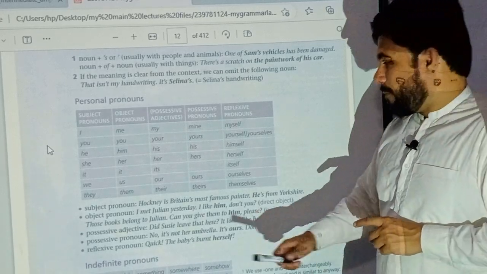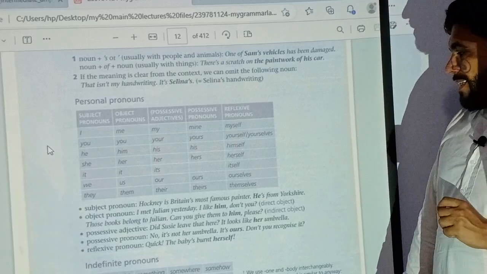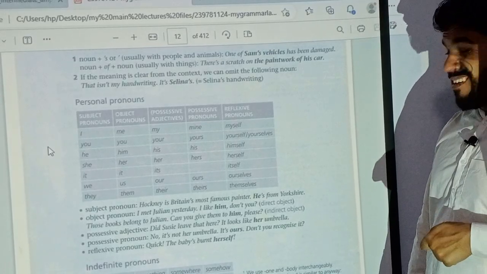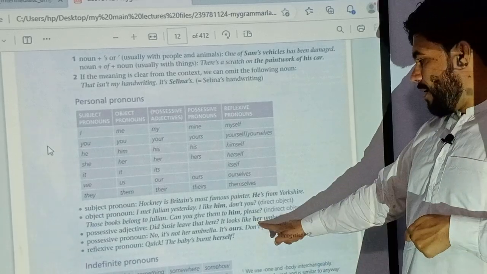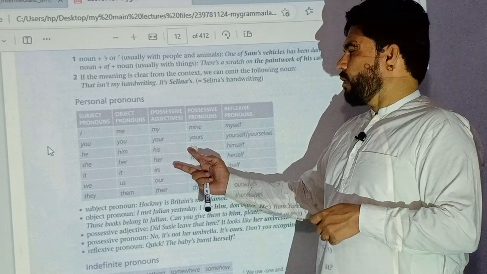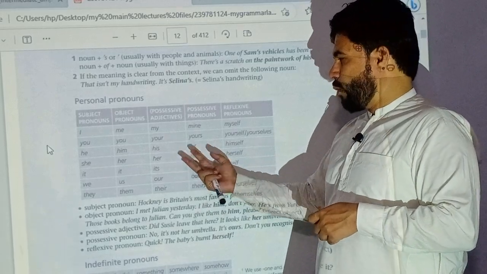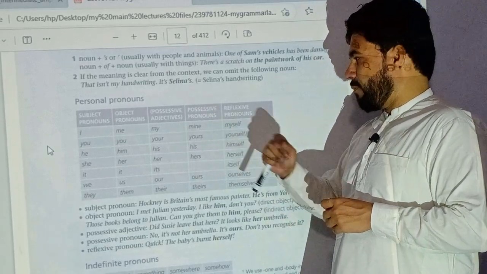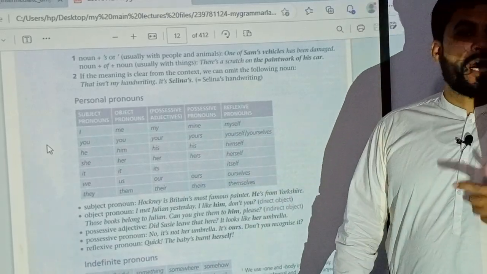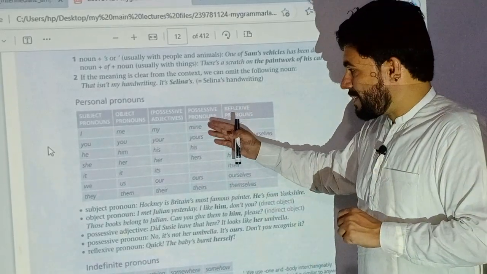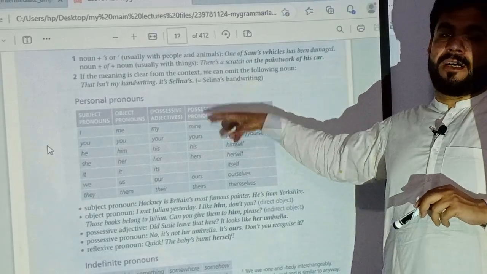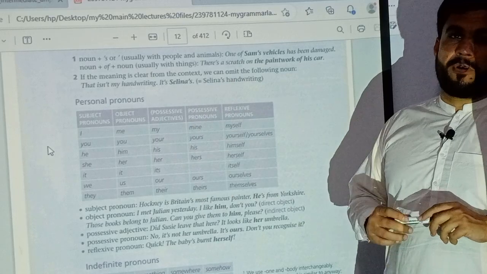Fine, and then we've got the possessive adjective. Now, did Susie leave that here? It looks like her umbrella. So her is a possessive adjective and umbrella is a noun. Now the difference that I wanted to touch upon here is possessive adjectives and possessive pronouns. With possessive adjectives, we essentially put a noun after them, while with possessive pronouns, we do not use a noun after them.